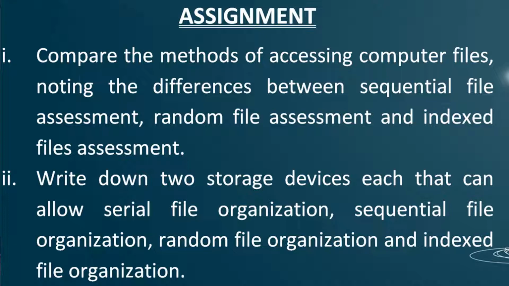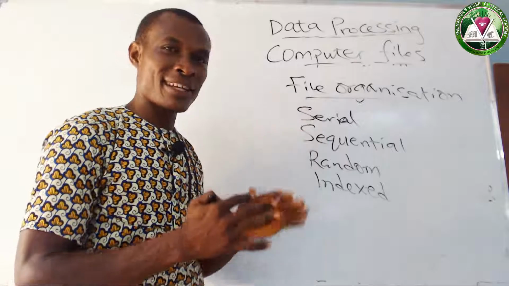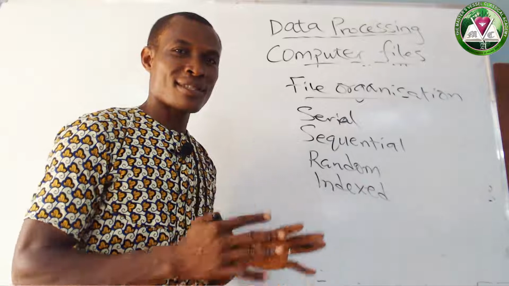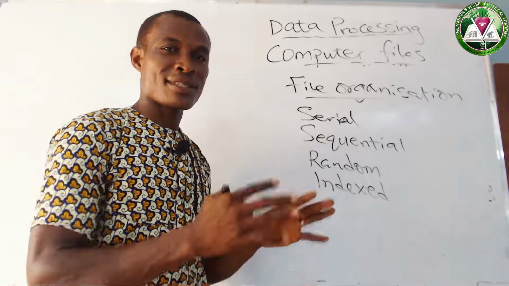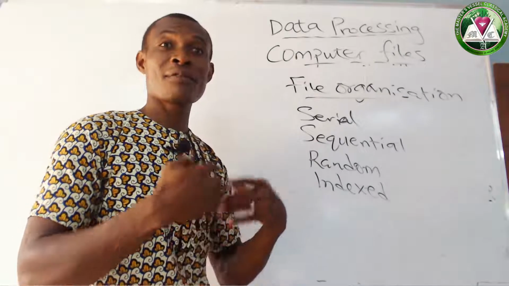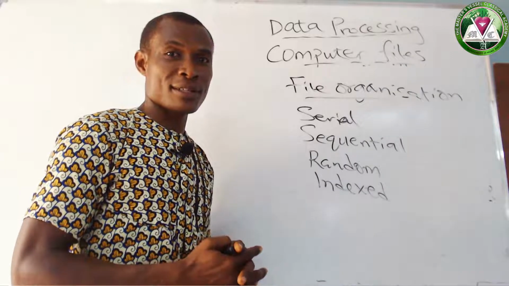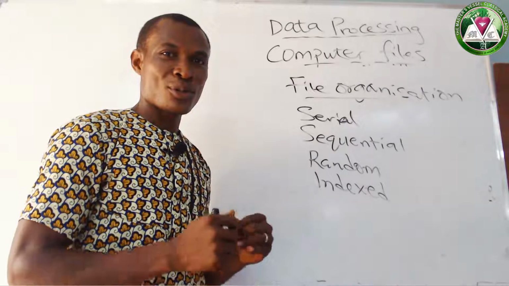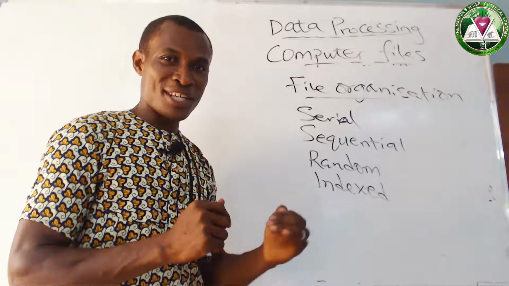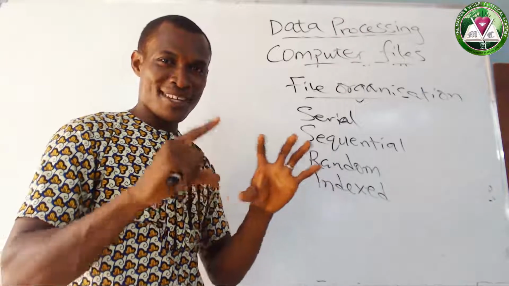Okay? Now, so far, having looked at what a file is, what a record is, what a field is, what a data item is, types of file organization, types or classes of file, and methods of accessing computer files, I would want to stop here, waiting for your response on the methods of accessing files.